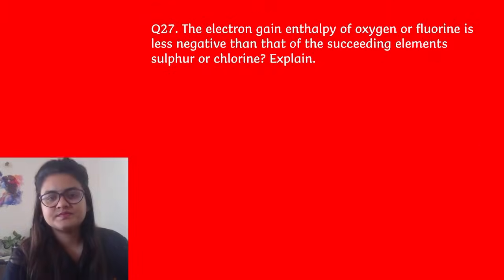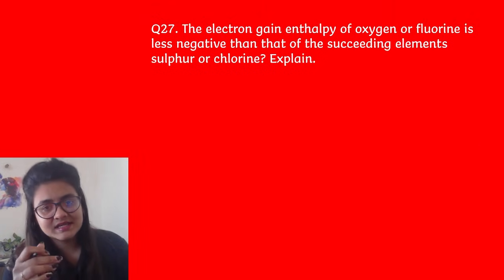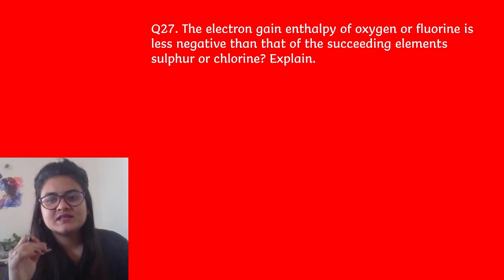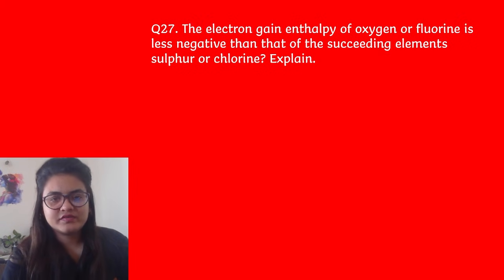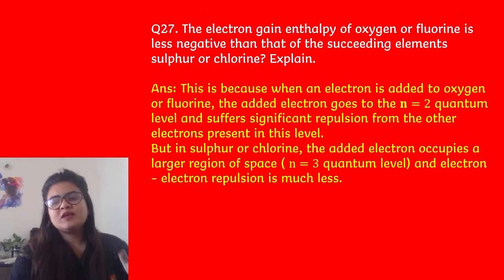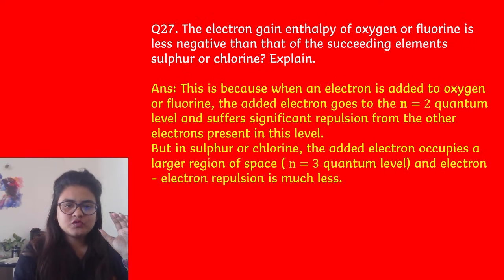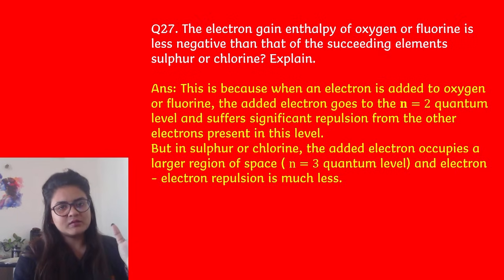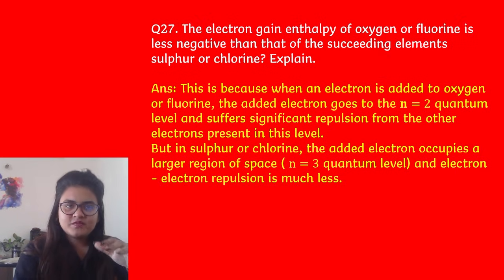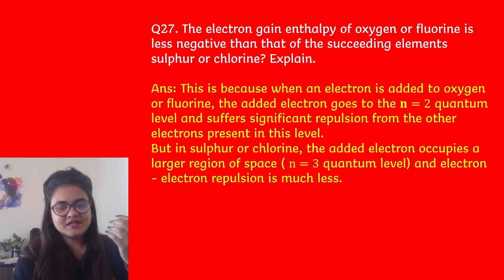Let's proceed further. Here you can see the electron gain enthalpy of oxygen or fluorine is less negative than that of the succeeding elements, sulfur or chlorine. Explain. Why? Because whenever the electron is added in oxygen and fluorine, it is added in the n=2, the second shell. The second shell is only up to 2p, there is no d orbital, so it faces a lot of inter-electronic repulsion.